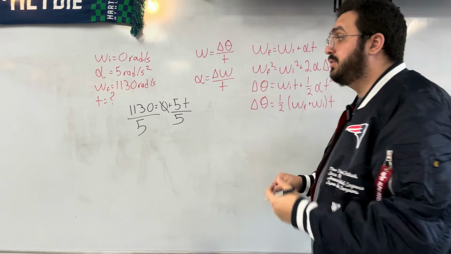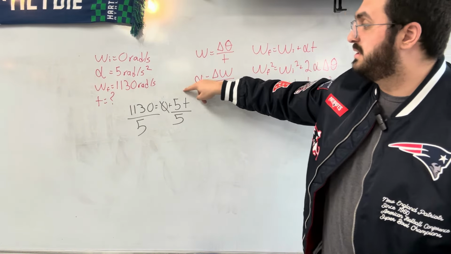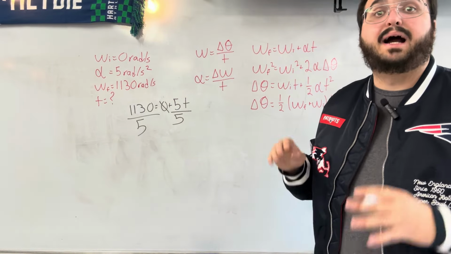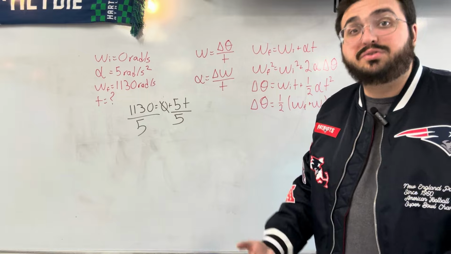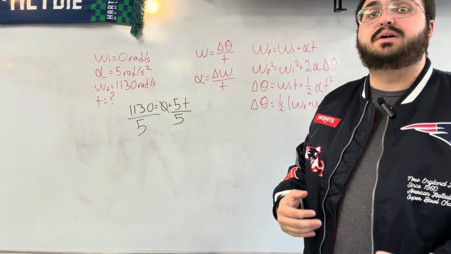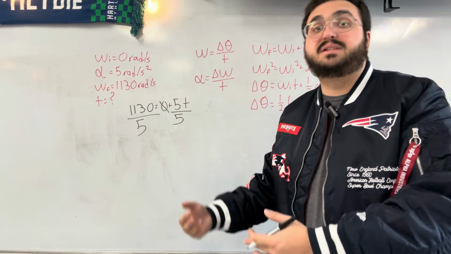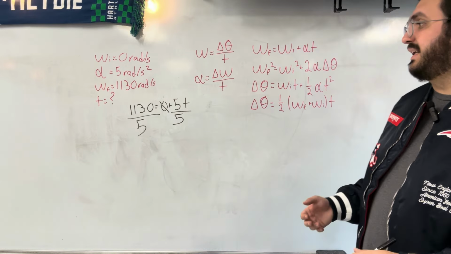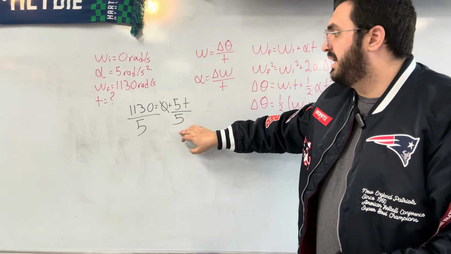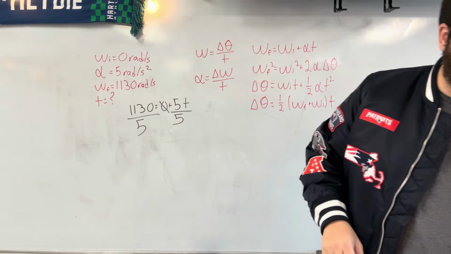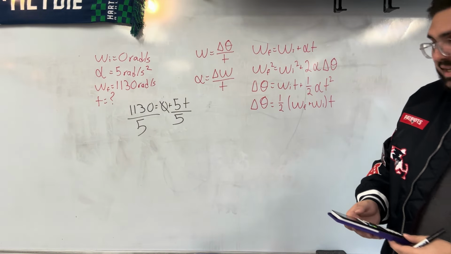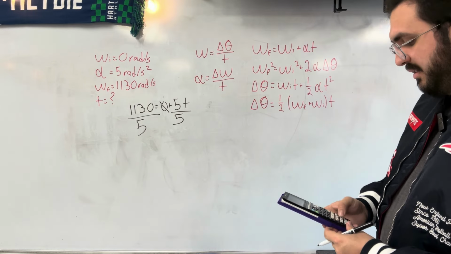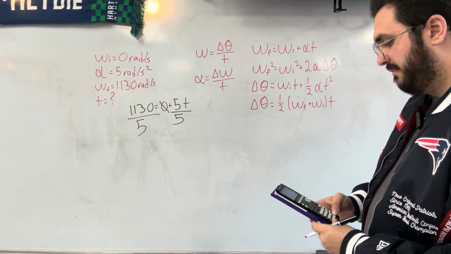The reason why I'm doing that is because 5 is multiplying t right now. I want t by itself, so I have to undo that multiplication. The only way to undo multiplication is to do the opposite of it, which is division. And as with anything in algebra, what I do on one side, I must do on the other side as well. So in a calculator, I'm going to do 1130 divided by 5.